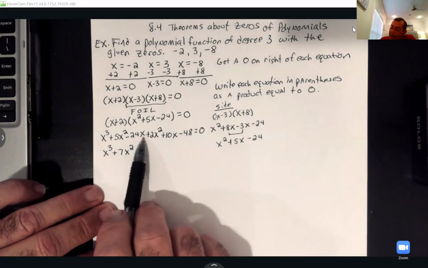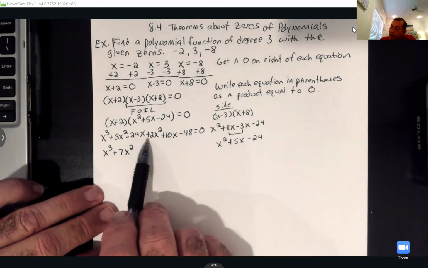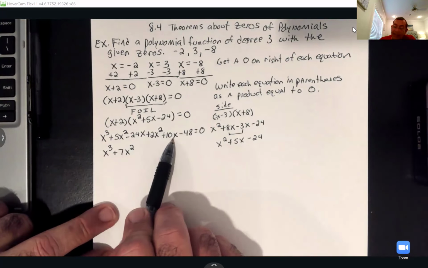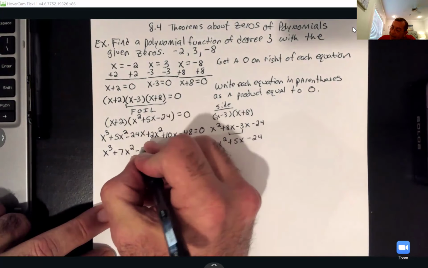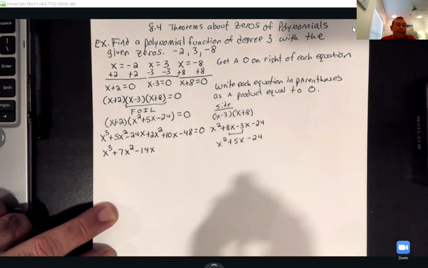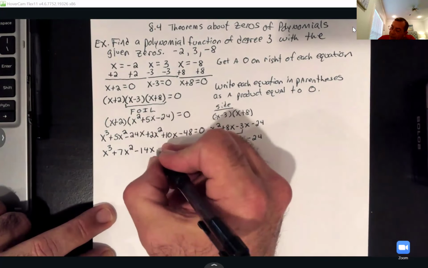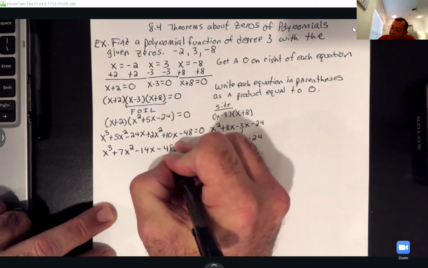Oh, let's see, x's are next. Negative 24x's plus 10x's is going to give me negative 14x. And then finally, nothing adds to the number, so bring down my negative 48.